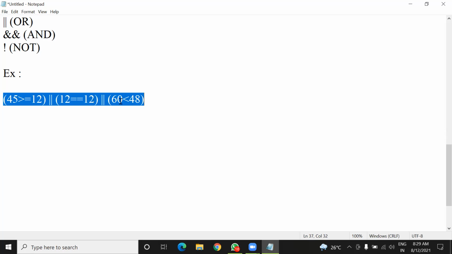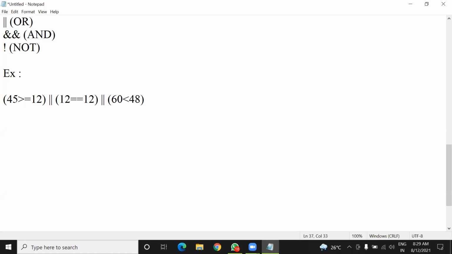And it will be false only when all given conditions are false. So let us evaluate these conditions one by one.